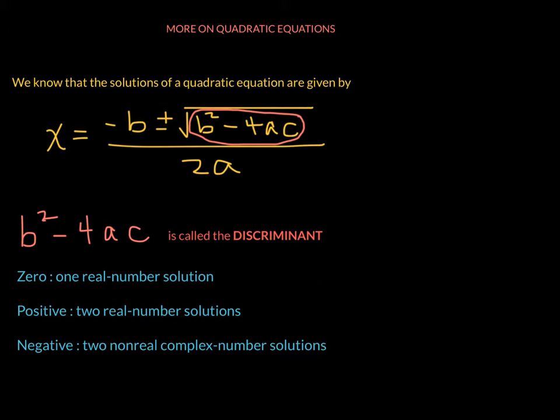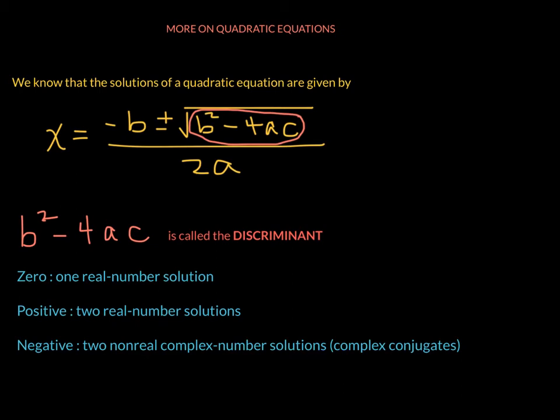These are imaginary solutions, and they are actually complex conjugates. I added that detail here: these 2 non-real solutions are complex conjugates.